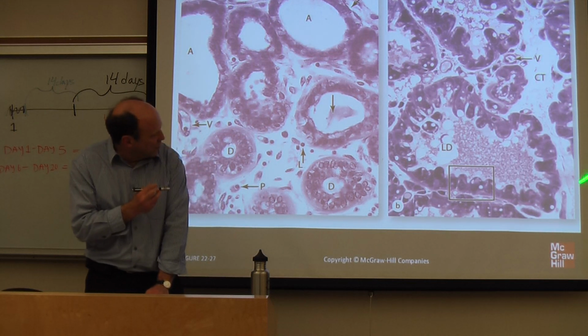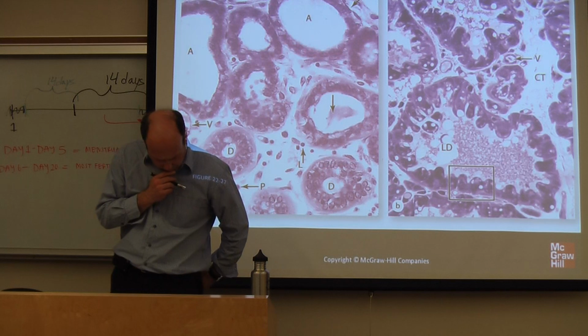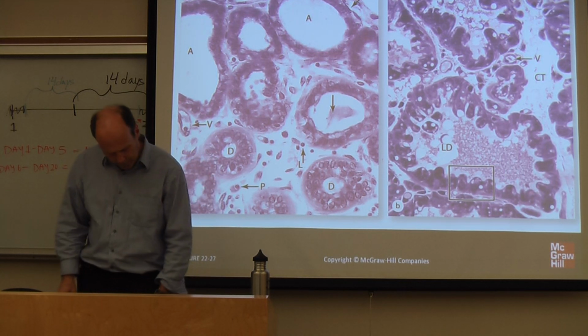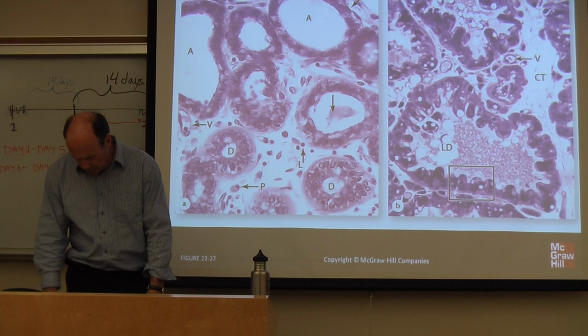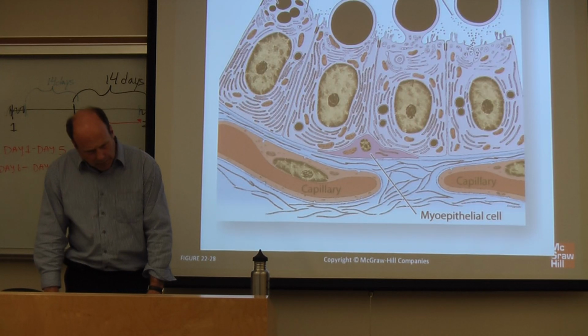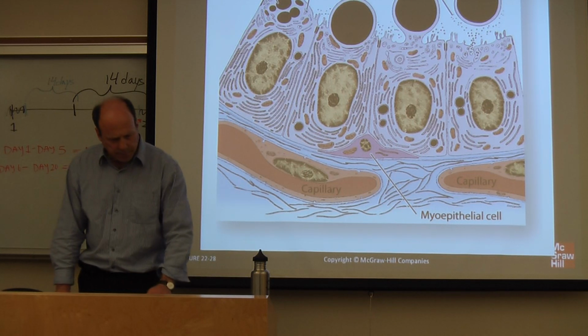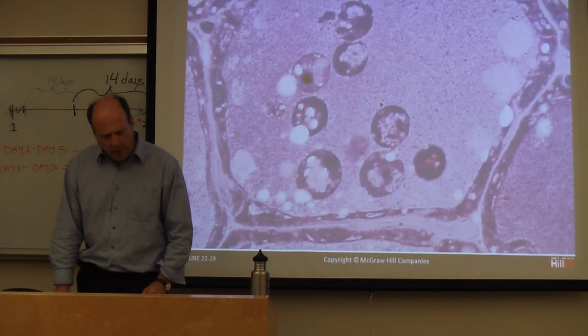So this is showing the secretory cells. It's connective tissue, blood vessels. So just release of milk from cells. Milk lipids.